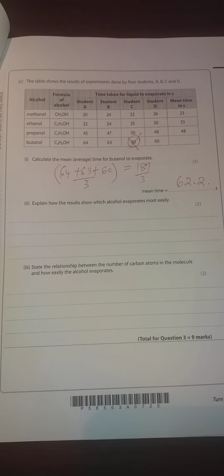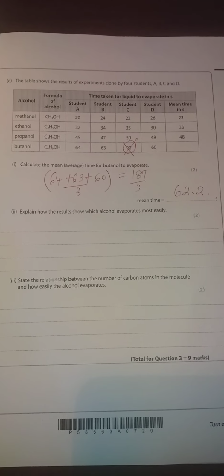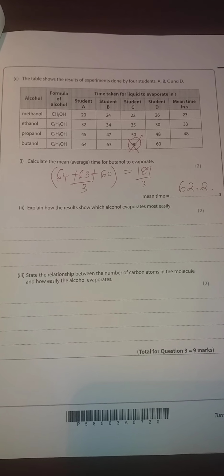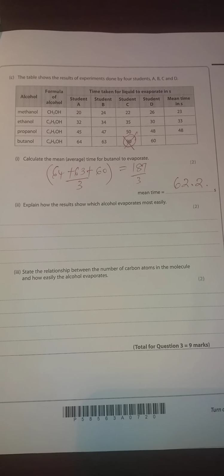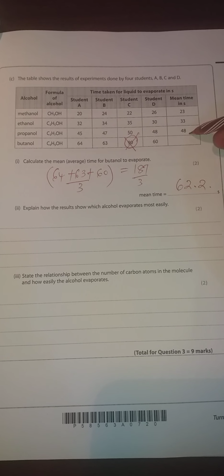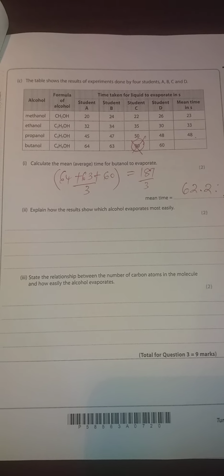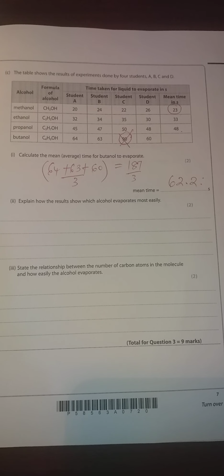Explain how the results show which alcohol evaporates easily. If it is going to evaporate easily, the easily there tends to bind with time, the time taken. So this one is going to take 48. This one you said is going to take 62.2 as the mean time. This one is 33 and this one is 23. So the one which is taking the shortest time is what? Is the one with 23.